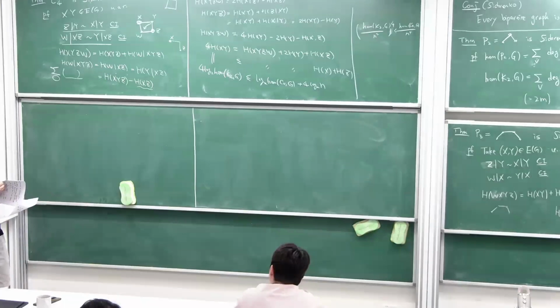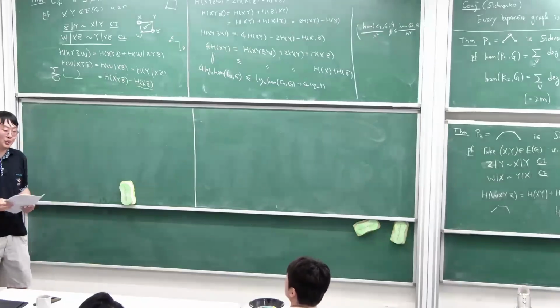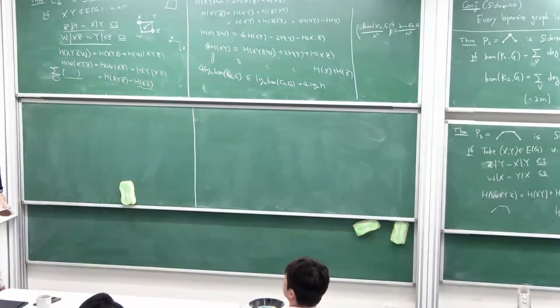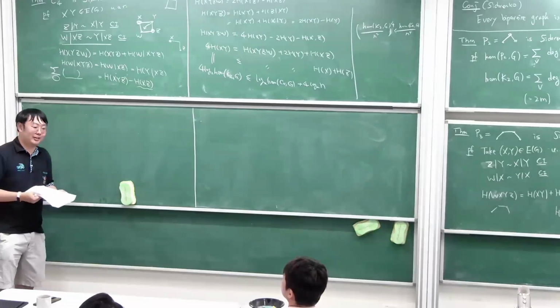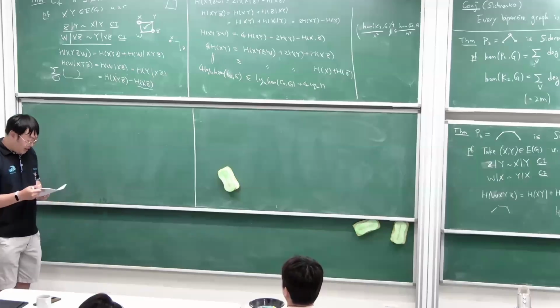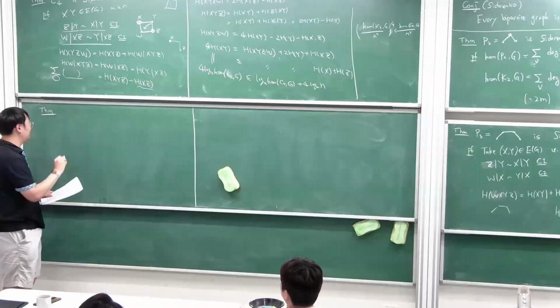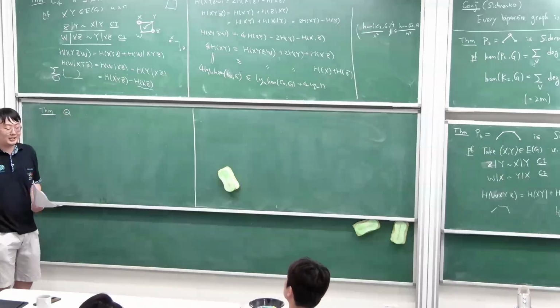Okay, so we see P4 is Sidorenko, and in another exercise of your homework, P4 is indeed K2,2, and you can actually show that K_{s,t} for any complete bipartite graph is always Sidorenko. The third thing I would like to talk about today is that hypercubes are Sidorenko.